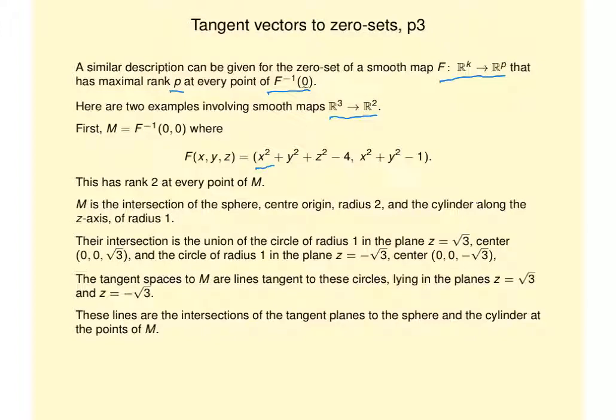F of x, y, z, first coordinate is x squared plus y squared plus z squared minus 4, and the second one is x squared plus y squared minus 1. And you can check that the rank of this F is 2 at every point of the zero set. And I urge you to do that.